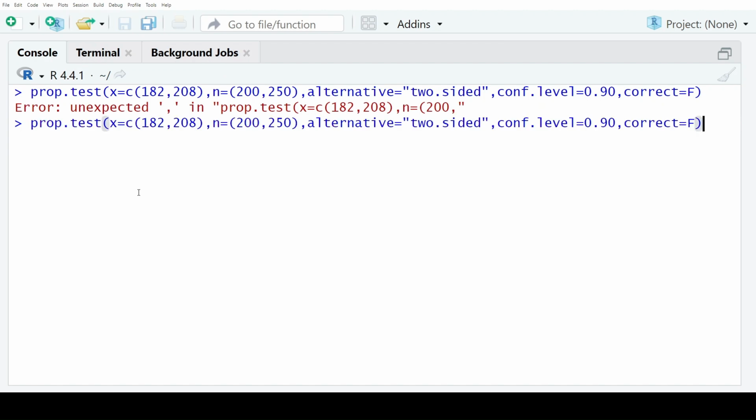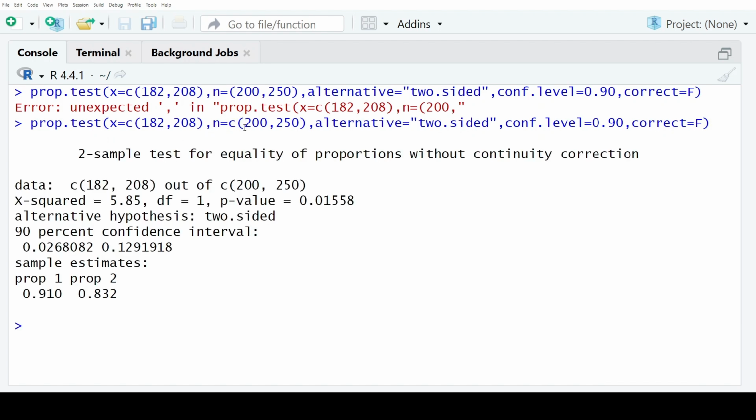I forgot to put the c in front of the parenthesis for n. And there we go. There is the prop.test for this. Now, as a reminder, it does give you the p-value right here. This is p hat 1. This is p hat 2.